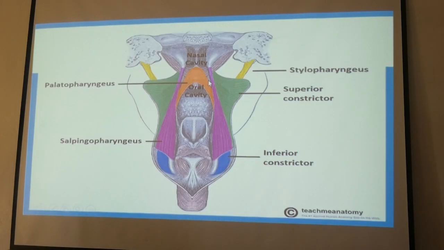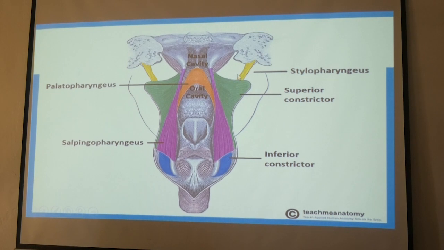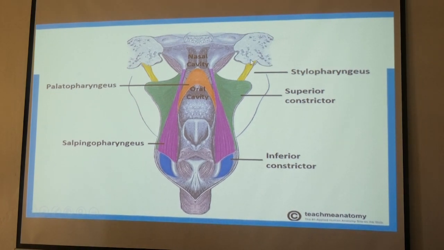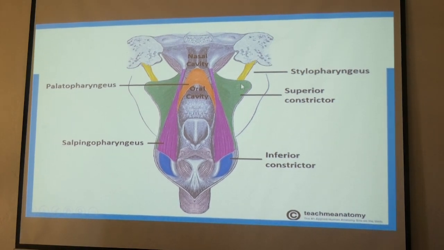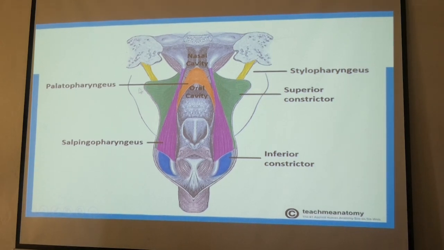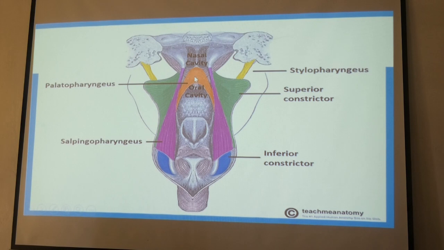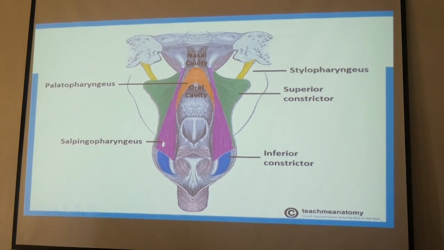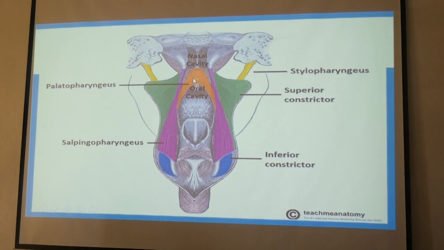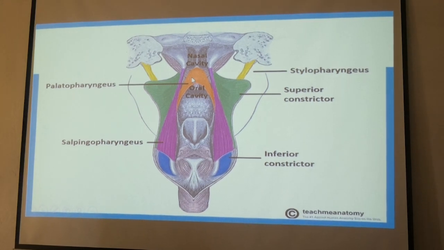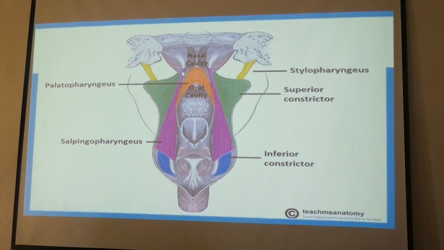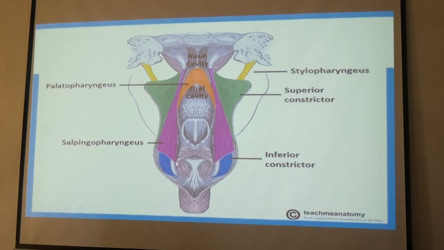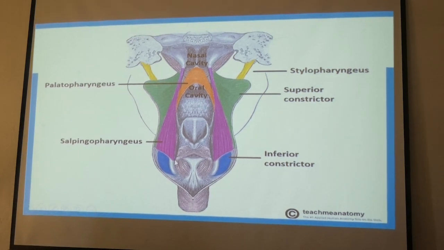See, this is the stylopharyngeus, inserted into the superior constrictor, and this is the palatopharyngeus in the palate and oral cavity. This is the salpingopharyngeus, extending from the PT tube up to the lateral wall of the pharynx.